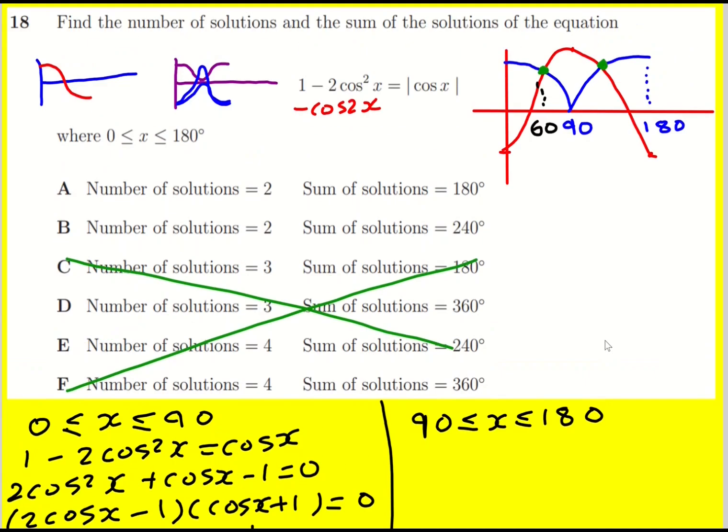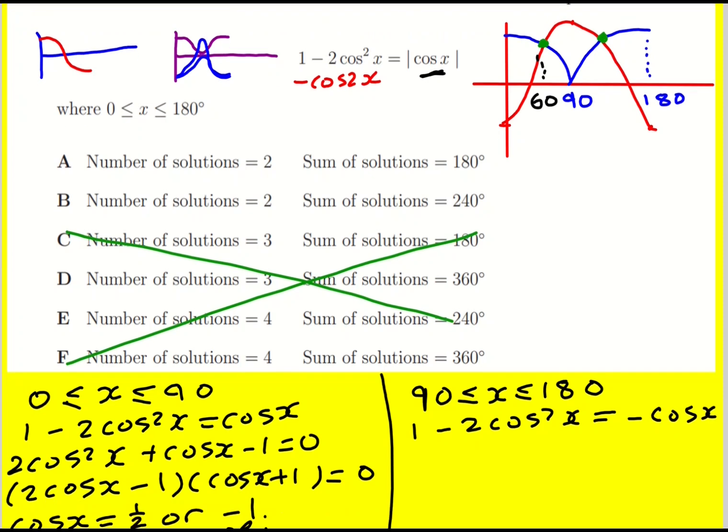And now the modulus is kicking in, and I would get 1 minus 2 cos squared x equals, now because this thing inside here is negative, I then make it negative again to make it positive. So it's going to equal minus cos x. I'll get 2 cos squared x minus cos x minus 1 equals 0. Factorizes in a similar way.